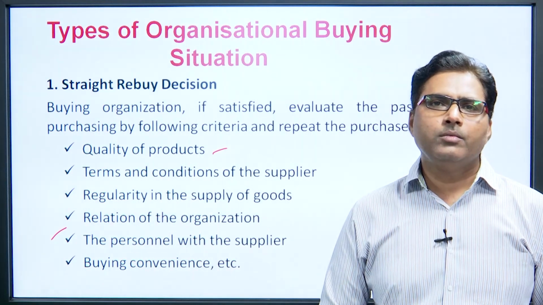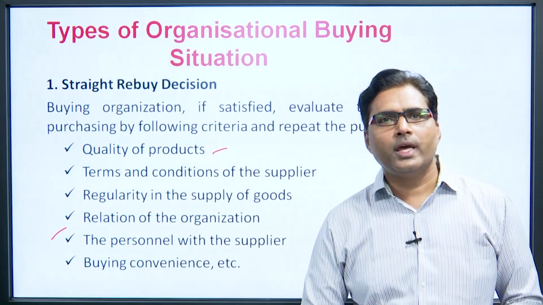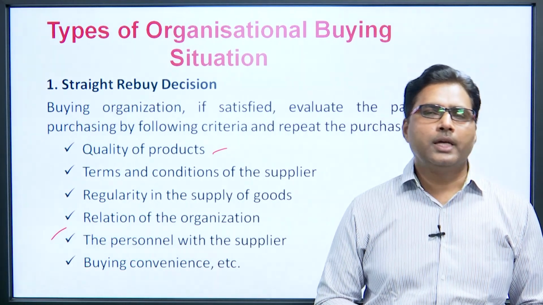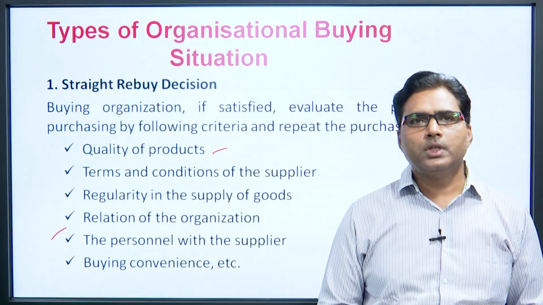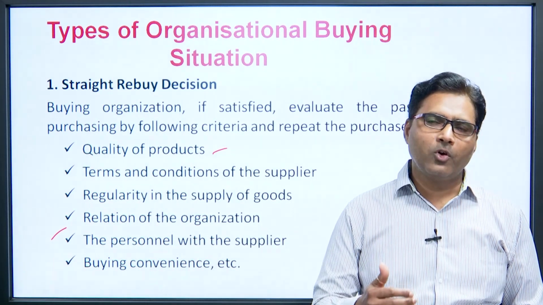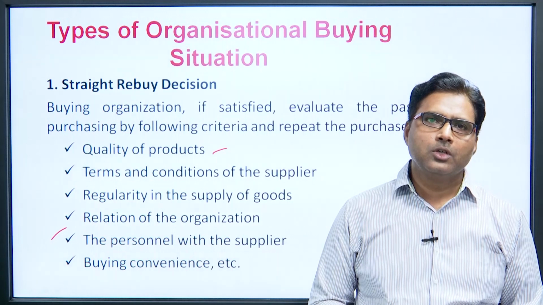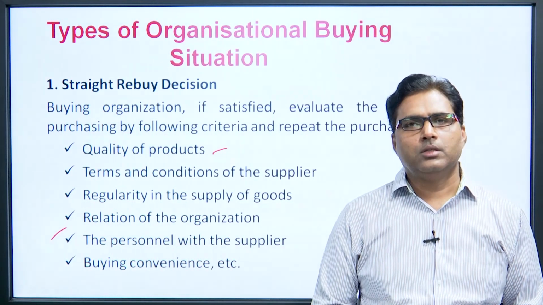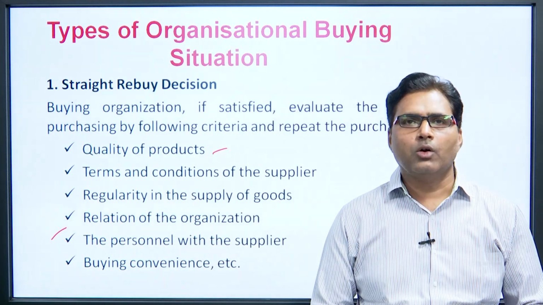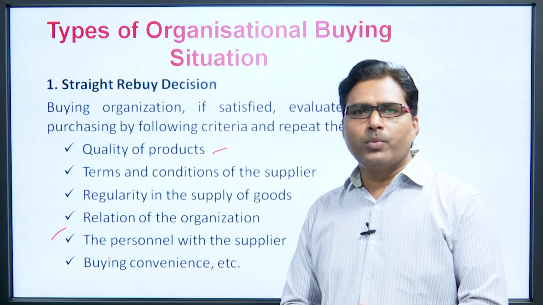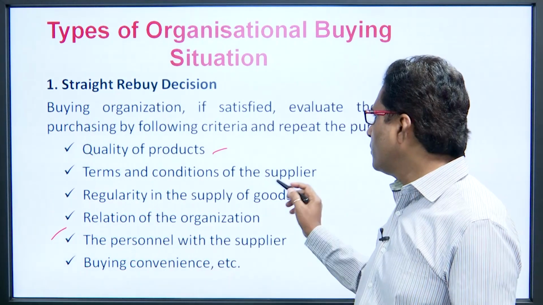At the same time, the suppliers or the sellers may have certain terms and conditions that may help the buyers in making the repurchase decisions. So, easy terms and easy conditions that the suppliers are offering for the buyers also help to make certain kinds of decisions.